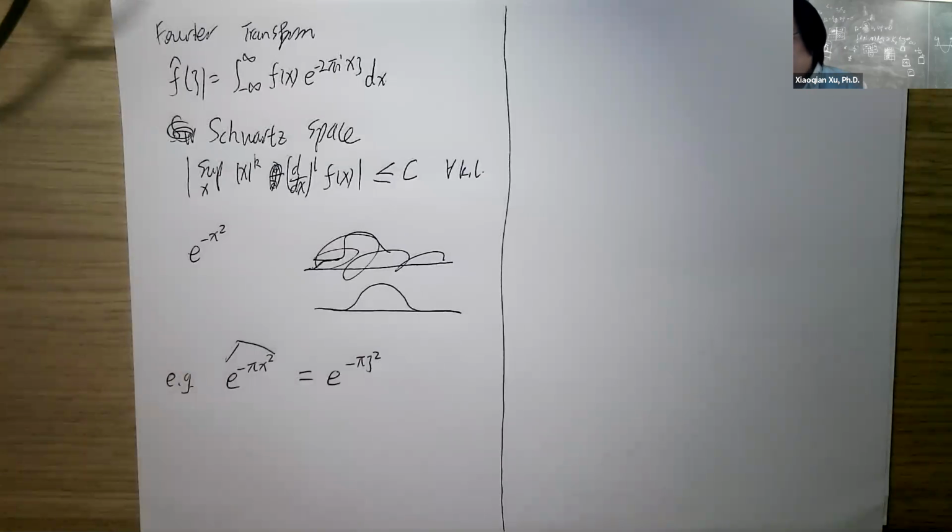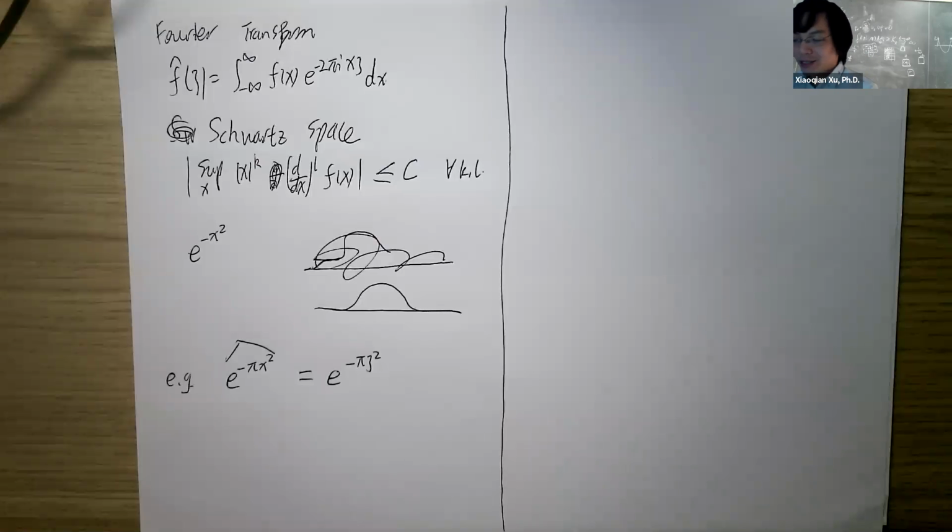We may have a lot of functions in this Schwartz space, and we only know what the Fourier transform of this one function looks like. How can you deal with other functions? This might be a very hard problem. But what we can say is, at least on this function space, you will have a lot of very good properties of your functions.